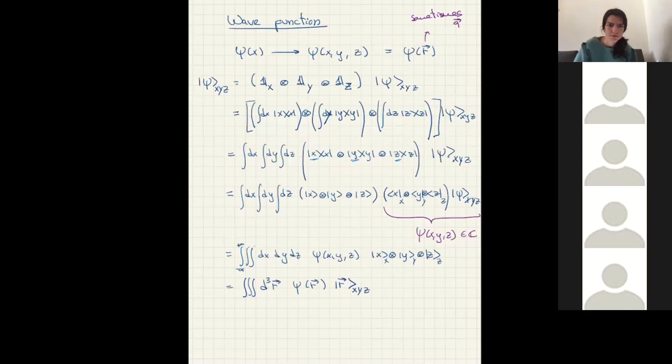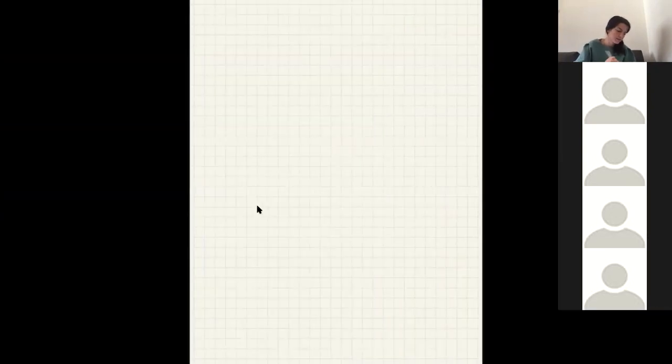Okay, so now we want to see if things still work out. So we will see that, for example, what's the inner product between R and P? Okay, between these two vectors.